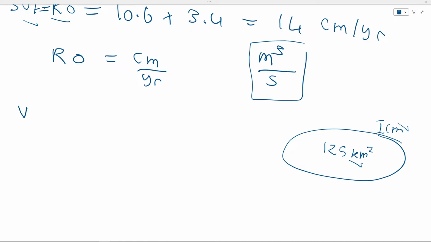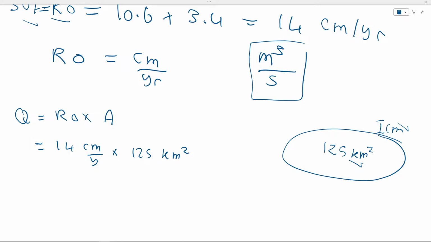So the volume per time, that's the Q we are interested in, would be equal to the runoff times the area. The runoff would be 14 centimeter per year times the area, 125 kilometer square.